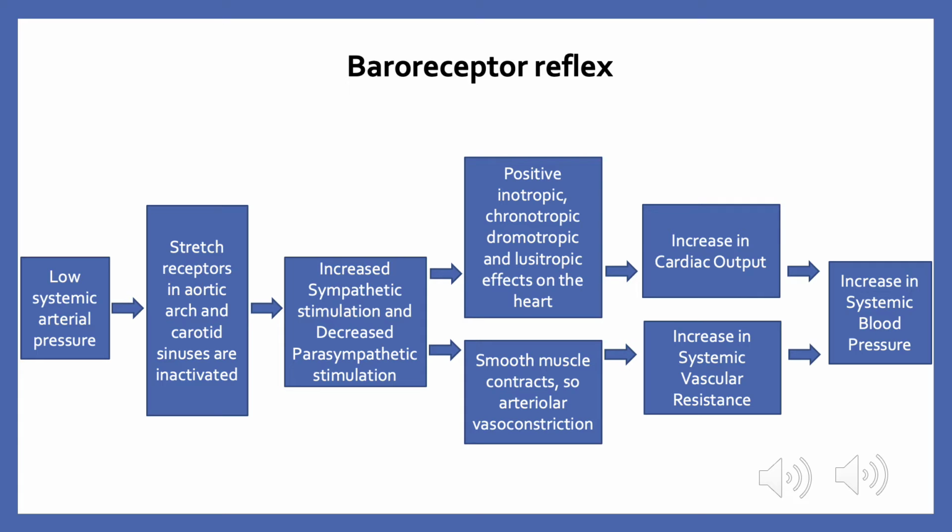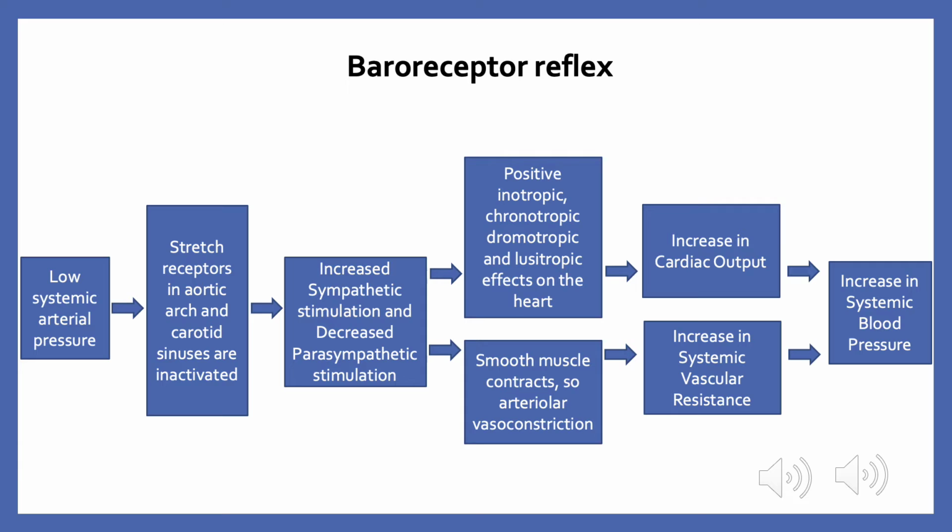An inactivation of the baroreceptors means that the solitary nucleus will also not be stimulated as much, and when the solitary nucleus is not stimulated as much, there are connections to the vasomotor center, allowing it to be stimulated, and there is inhibition of the nuclei of the vagus nerve involved with autonomic activity of the heart.